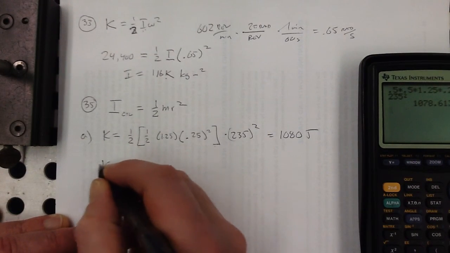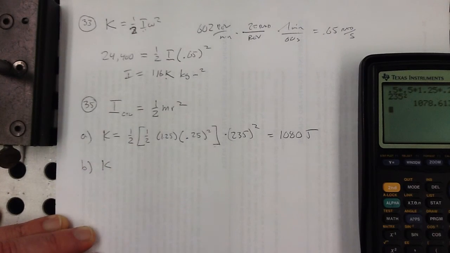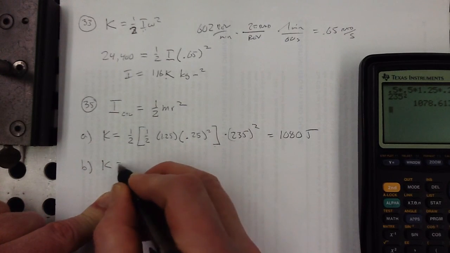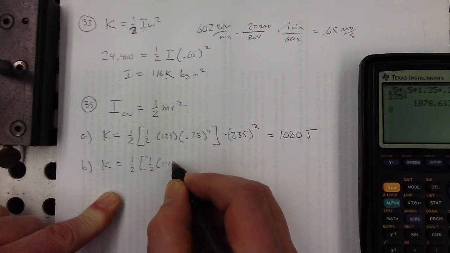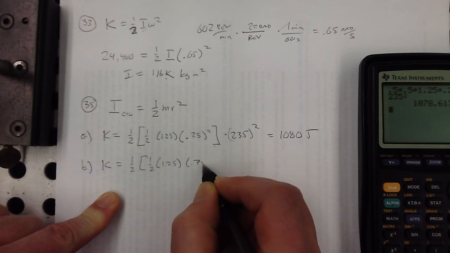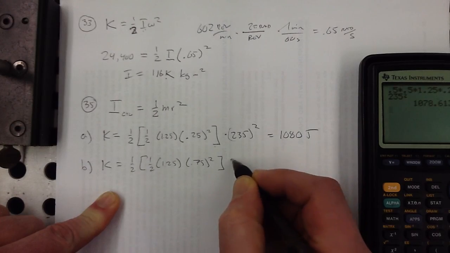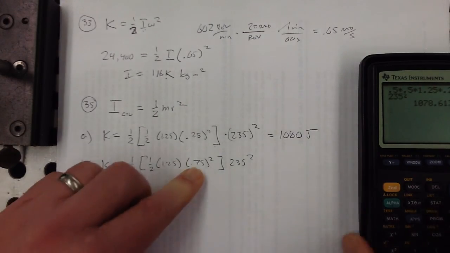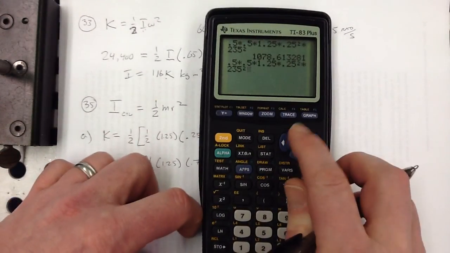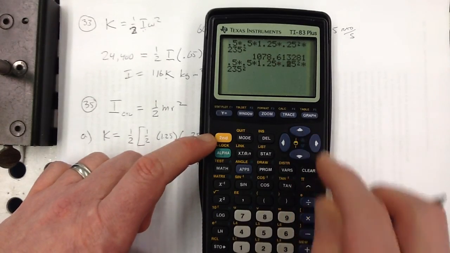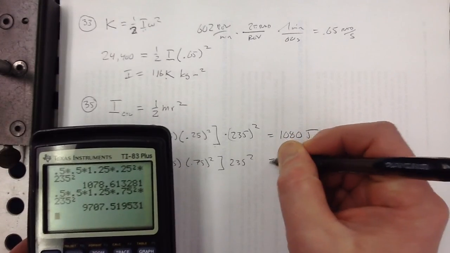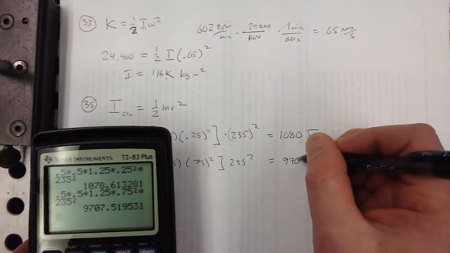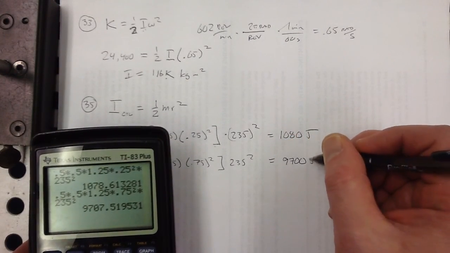And then the kinetic energy of the other one is exactly the same calculation, but with a different radius. Everything else is the same. So I'm going to go ahead and just bring back that and change that to 0.75, and that gives me about 9,700 joules.